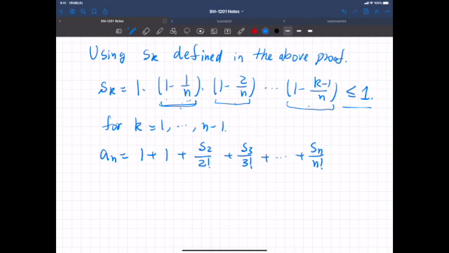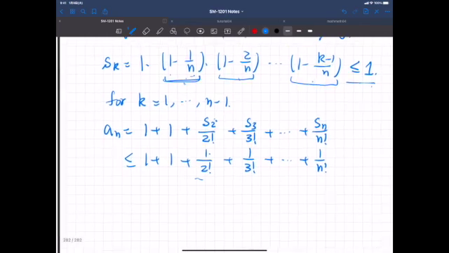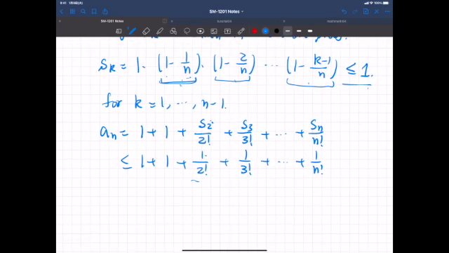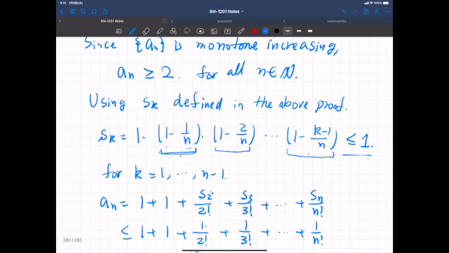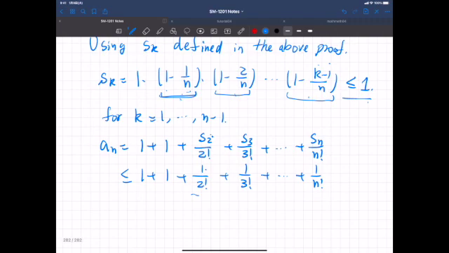So this is less than or equal to 1 plus 1 plus, since s2 is less than 1, if we replace this s2 part with 1, we get 1 over 2 factorial, 1 over 3 factorial, and 1 over n factorial. By the way, when we put k equal to n, then we have n minus 1 here, so it's still less than 1.